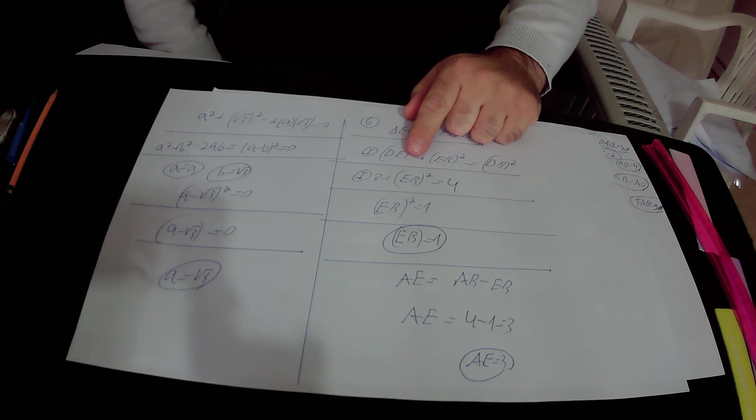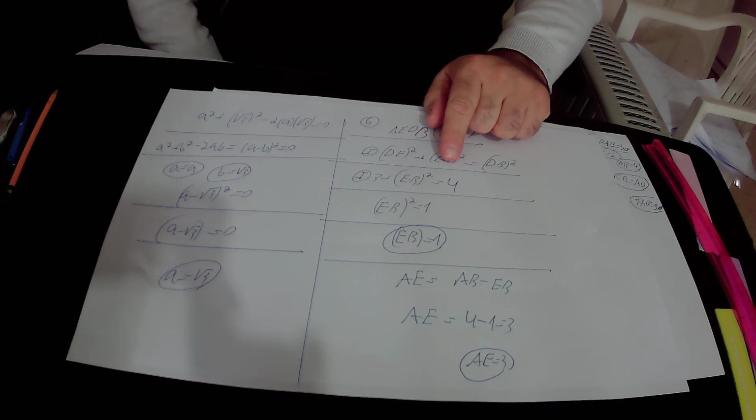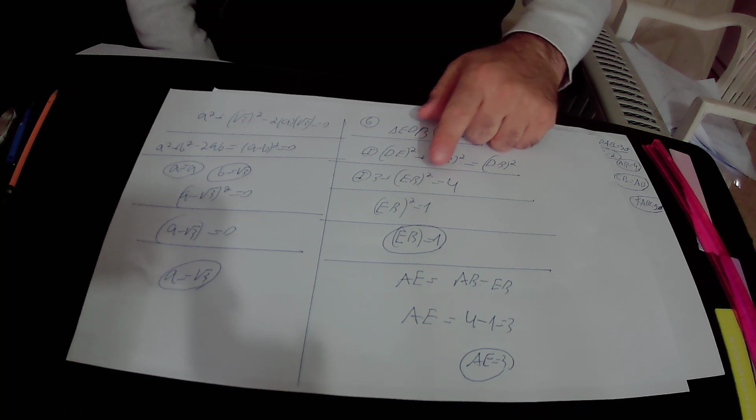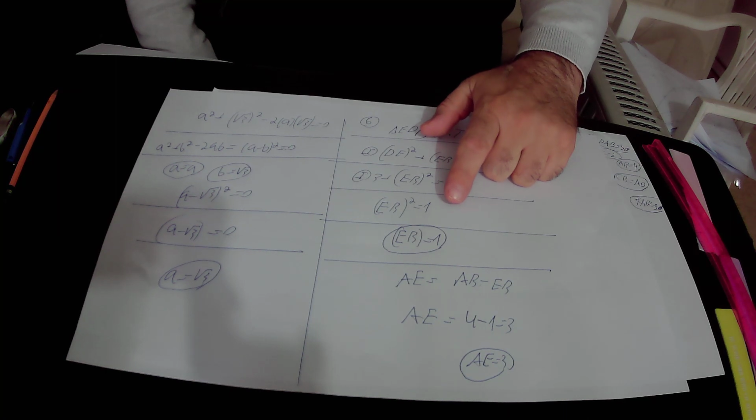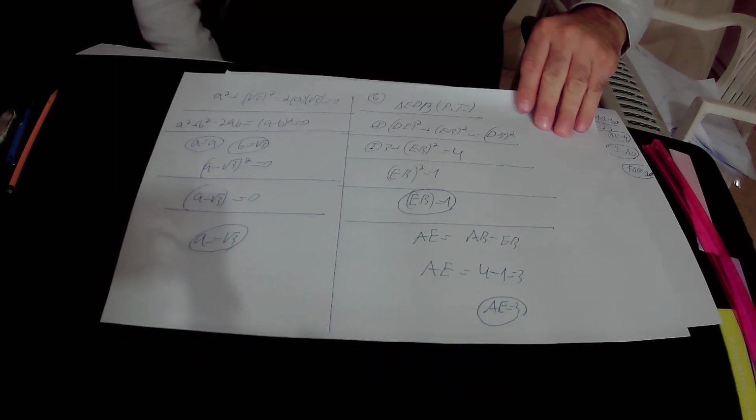So we got, according to equation number 1, 3 plus EB squared equals 4. We subtracted 3 from this equation, and we got that EB squared equals 4 minus 3, which is 1. We took a root of this equation, and we got that EB equals the square root of 1. The square root of 1 is 1, so EB equals 1.